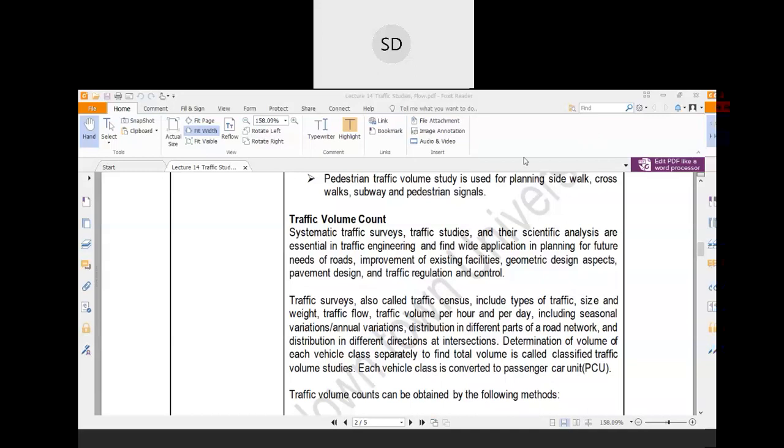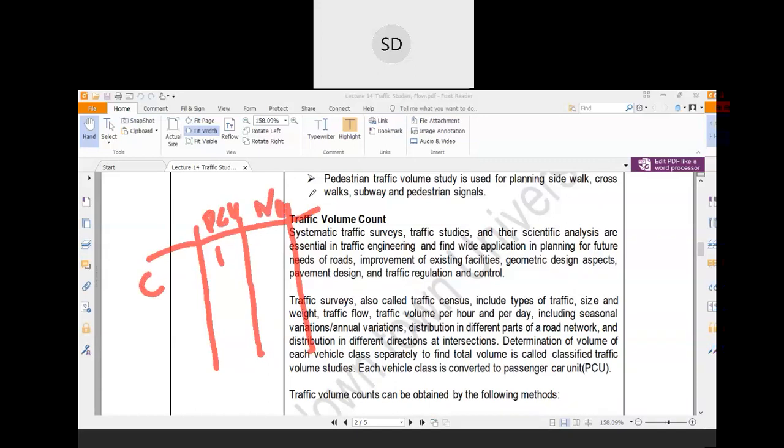Now, how is it converted? There are different values depending on the vehicle dimensions and vehicle speeds over the particular area. Suppose your passenger car has a PCU value of 1.